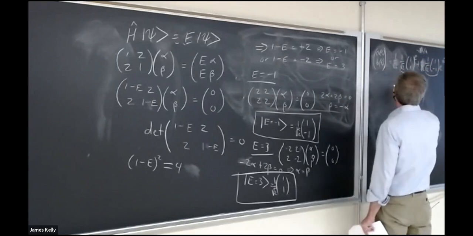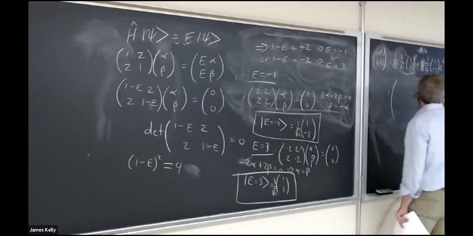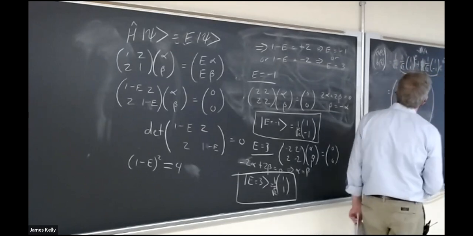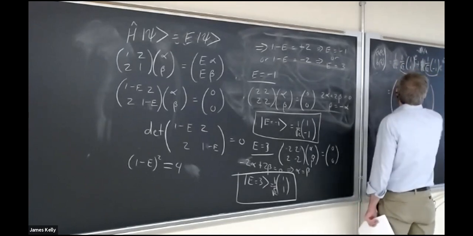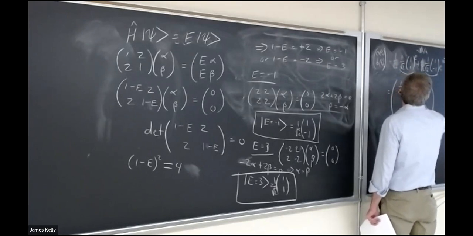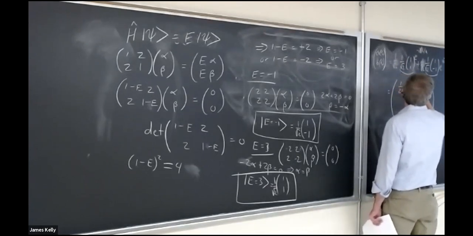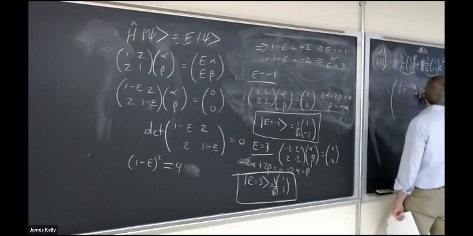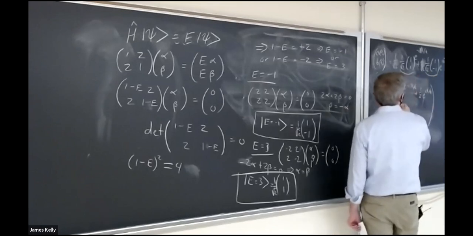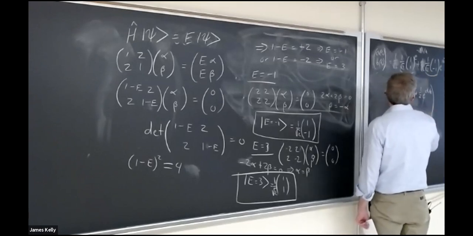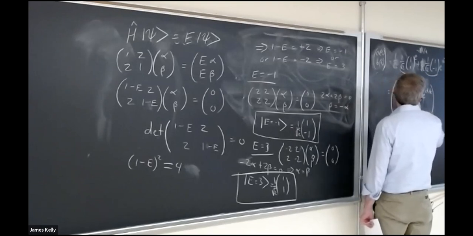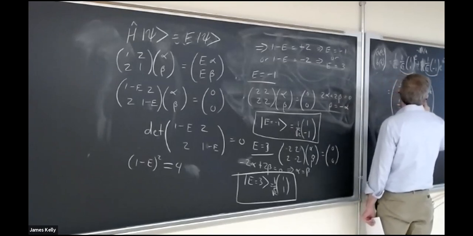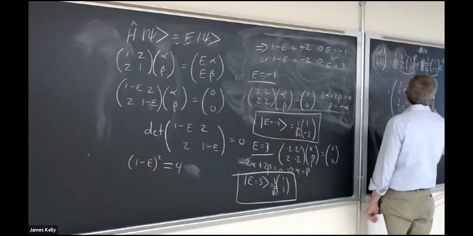So this looks like, I'm just going to write it as one big column vector. 1/2 e to the minus i 3t over h bar plus 1/2 e to the i t over h bar. And down here, I have 1/2 e to the minus i 3t over h bar minus 1/2 e to the i t over h bar.